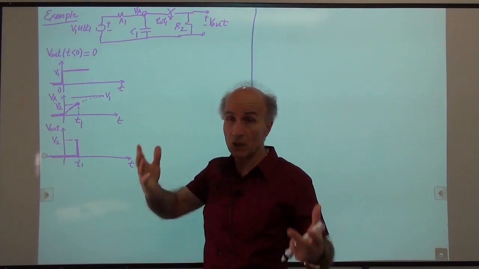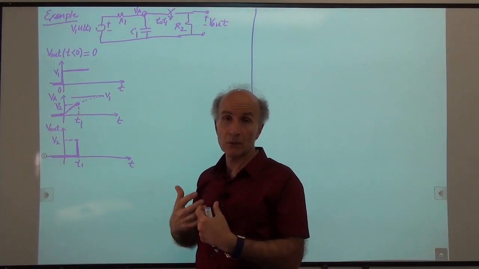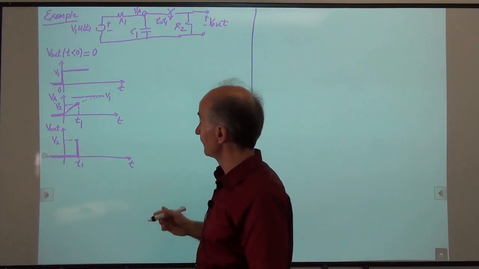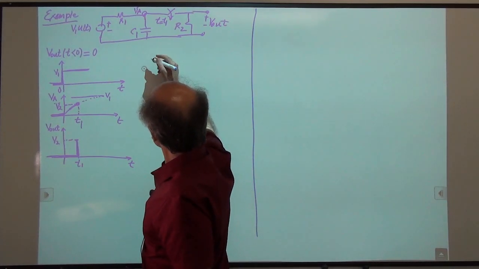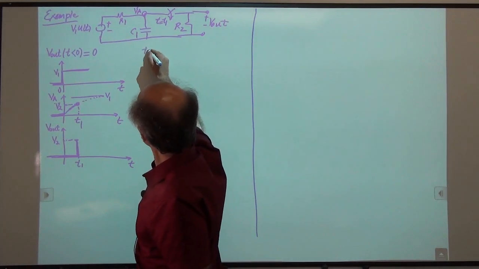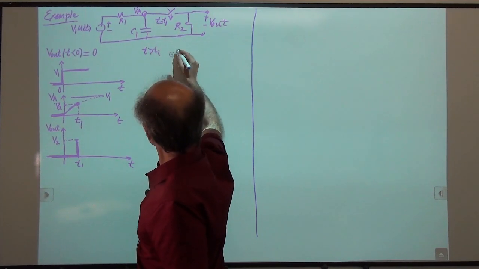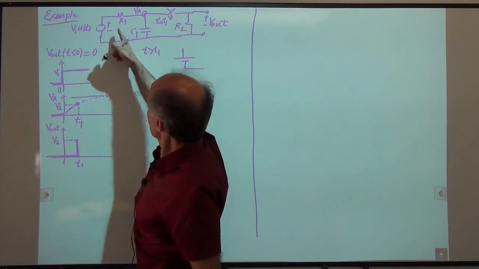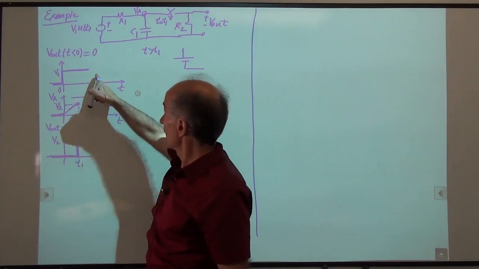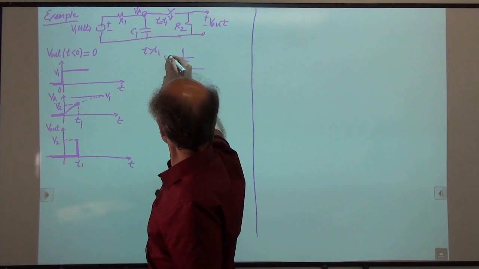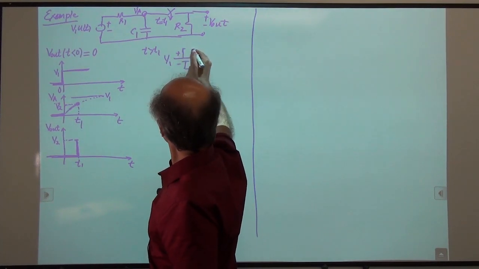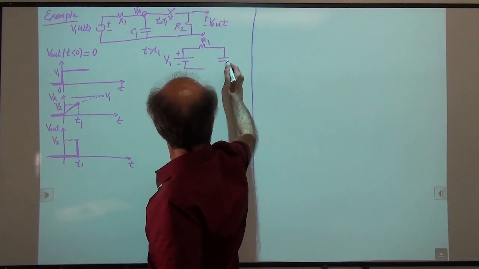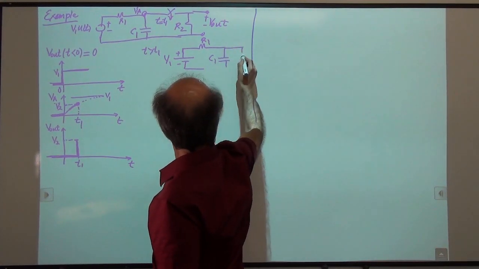And now the circuit is a new circuit, and this new circuit begins to go towards some final value of V out, right? So let's draw the circuit after T1 to see what it looks like. So here I have a battery because this difference is now just V1, right? So that's V1. And then I have R1, and then I have C1, and then I have R2.